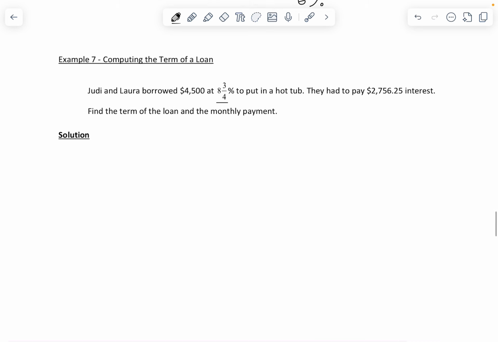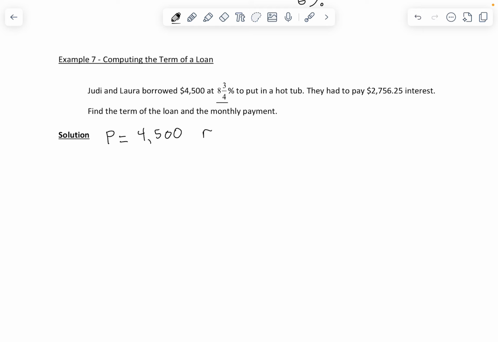Example 7, this one involves finding the term or the time of the loan. Judy and Laura borrowed $4,500 at 8 3/4% to put in a hot tub. They had to pay $2,756.25 in interest. Find the term of the loan and the monthly payment. Okay, so let's write down what we know. We know that P is the principal, and this is equal to $4,500.